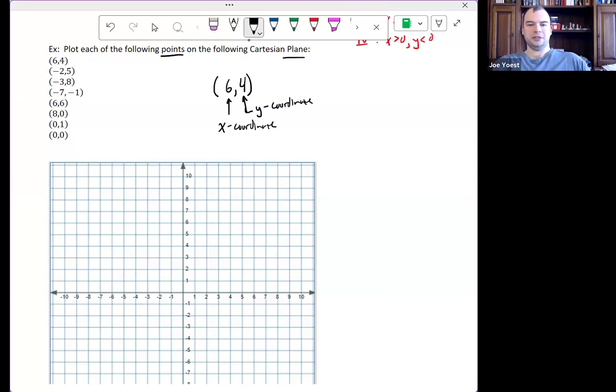Where is this point located? It's located at x equals 6. Remember, my x-axis is my horizontal axis, and y is the vertical axis. Oh, x equals 6, I looked at the wrong number. X equals 6 on my x-axis, and y equals 4 on my y-axis.